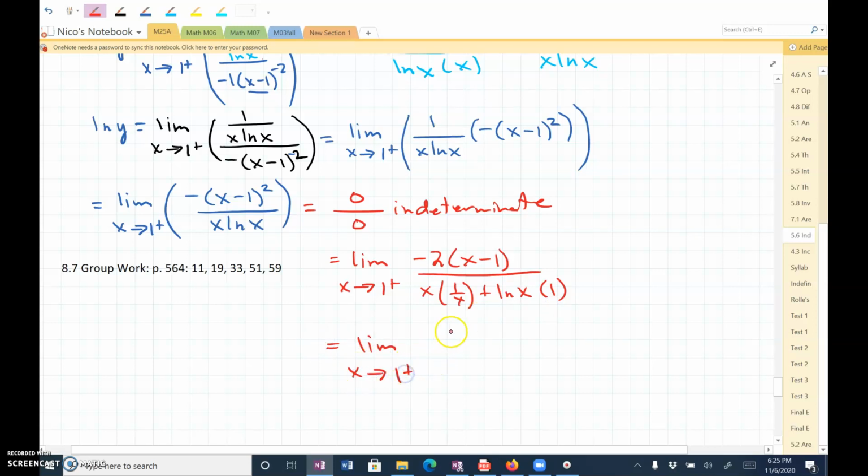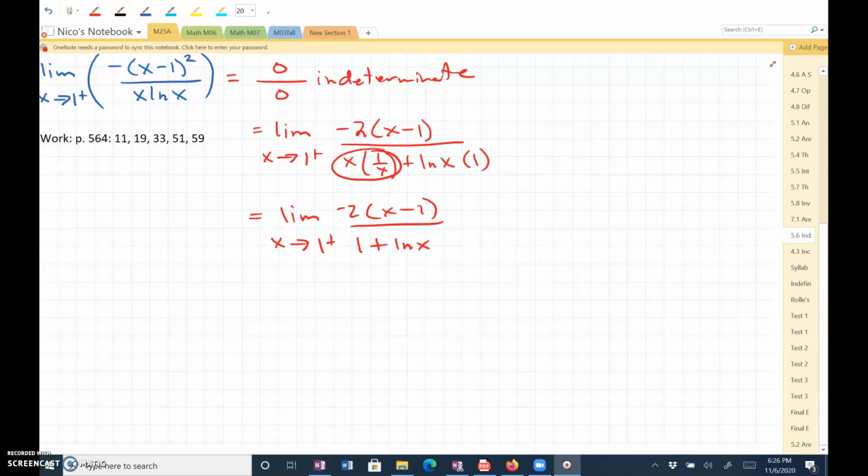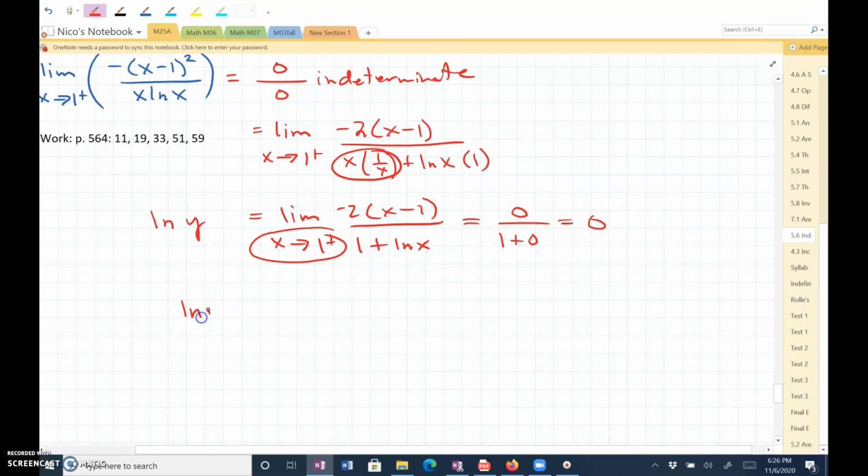Now I have negative 2 times x minus 1, all over 1 plus the natural log of x. Now when we evaluate the limit, this would be 0 over 1 plus 0. So this is 0. Remember, this whole thing was equal to the natural log of y. The natural log of y equals 0. So e to the 0 power equals y. So y equals 1.